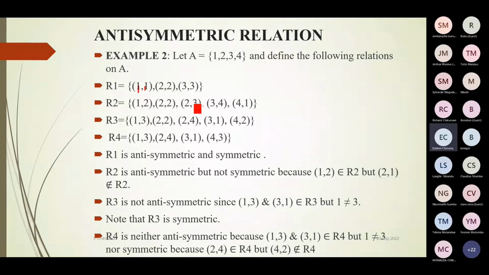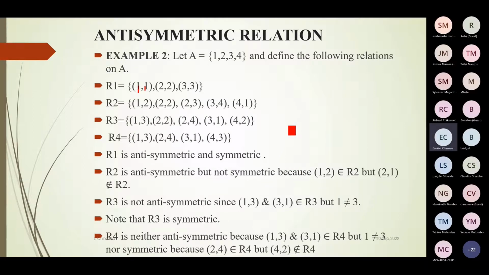We've got a (2,3), we do not have a (3,2). We've got a (3,4), we do not have a (4,3). And we've got a (4,1), we do not have a (1,4). And we've got a (2,2), where x will be equal to y. So this one is antisymmetric, but it does not hold for the symmetric relation.